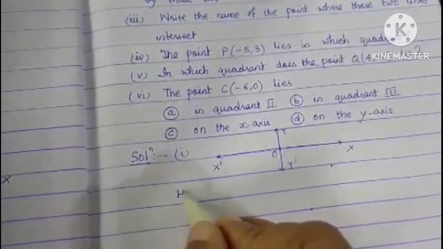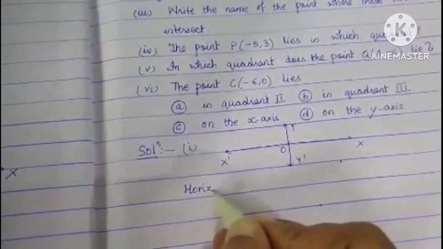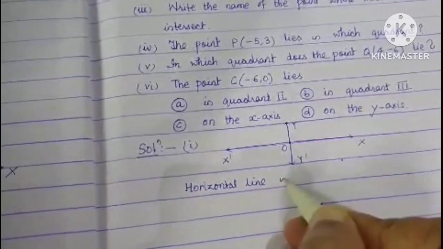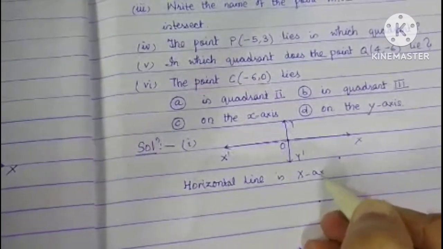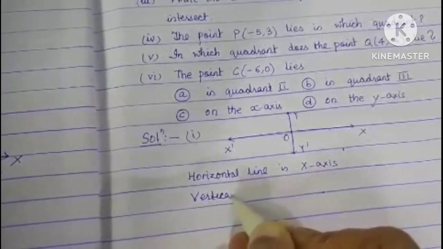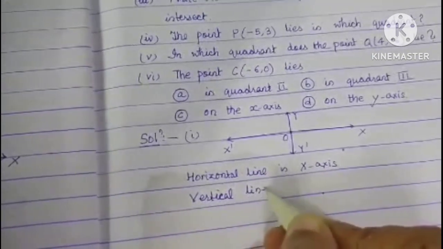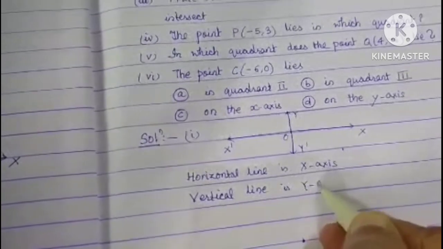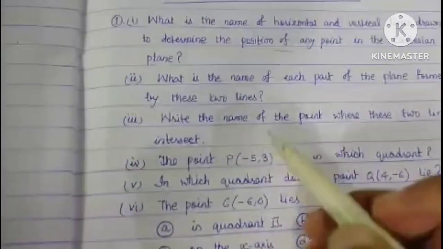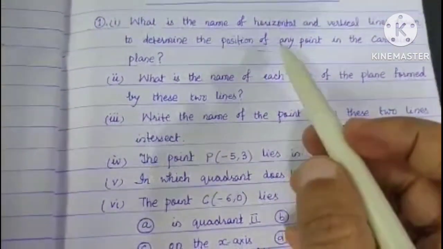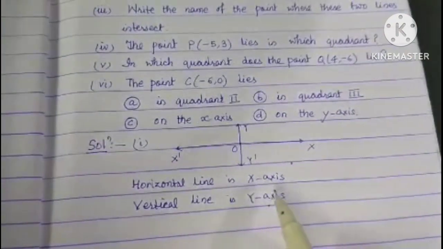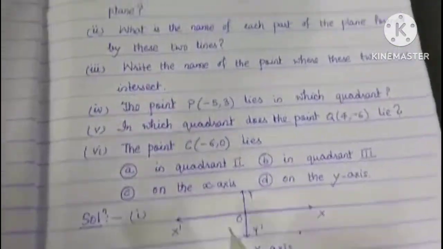So the horizontal line is called x-axis, and the vertical line is y-axis. So this is the solution of question number 1. We have to write the name of horizontal and vertical lines. The horizontal line is called x-axis and the vertical line is called y-axis.